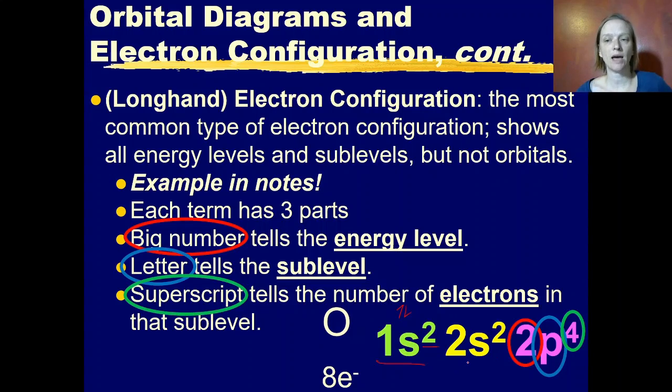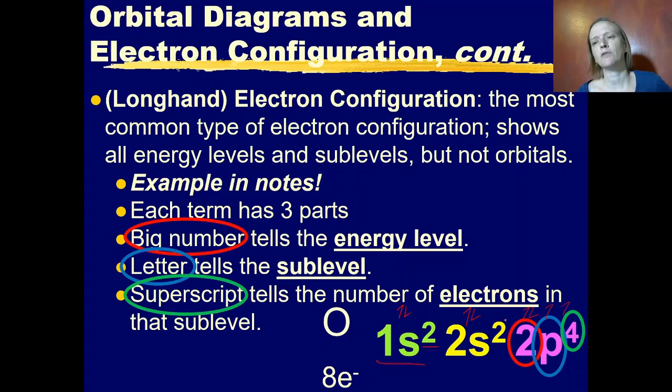Similarly for the 2s sublevel, I had 2 electrons, 2 arrows drawn in that box on the previous slide. And I had 4 electrons drawn in the 2p sublevel on the previous slide. So I'm representing the same information in a different way.